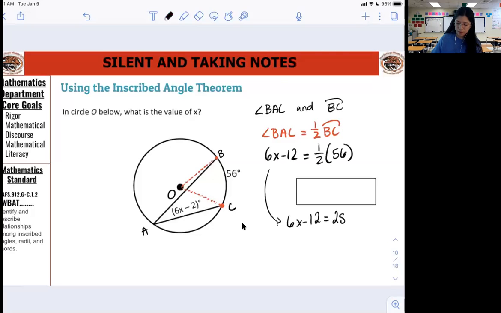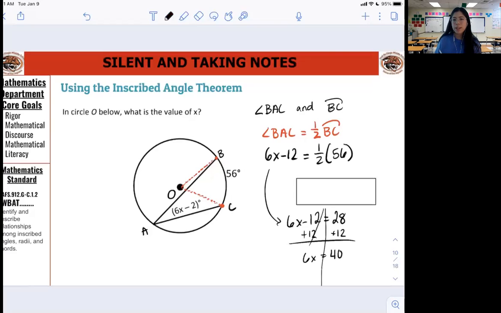Good. And so, okay, now we just solve for x. Super easy. What do I do to both sides? Plus 12. 28 plus 12 gives me 30. No, it doesn't. It gives me 40. I can do math. Gives me 40.